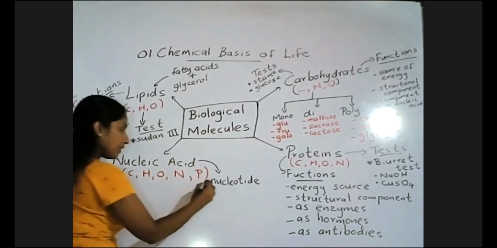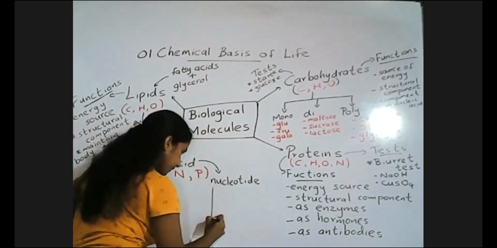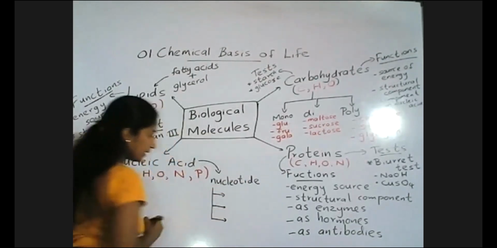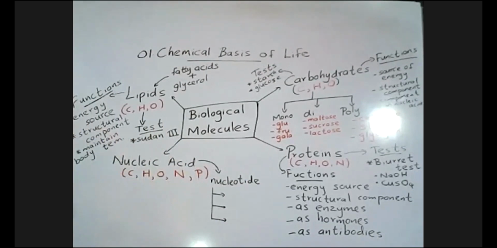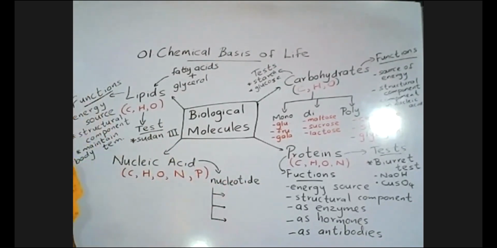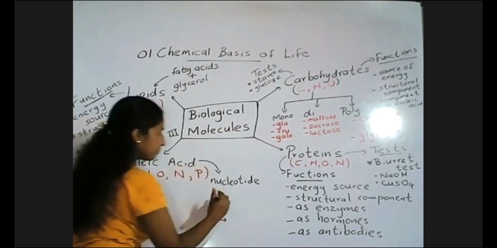When we consider one nucleotide, there are three major parts, or major components, in one nucleotide. What are the three major parts?